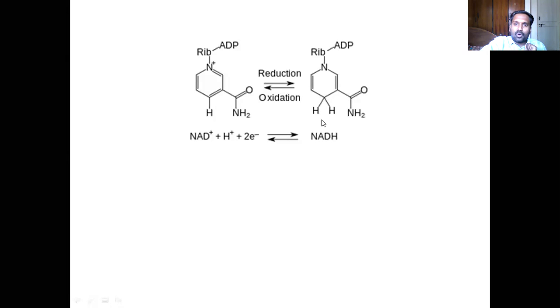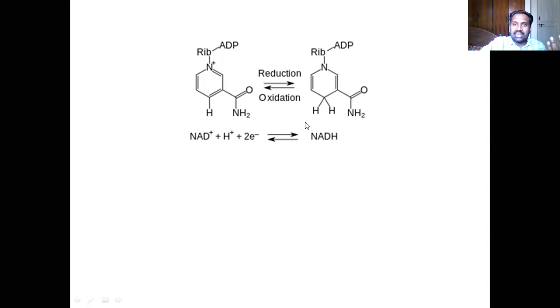So, if a mole of NADH is oxidized to get NAD plus, and I hope you know the different ways of looking at an oxidation reaction: either the removal of electron is oxidation, addition of oxygen is oxidation, or removal of hydrogen is oxidation. In this case, it's the removal of electron, is it not?